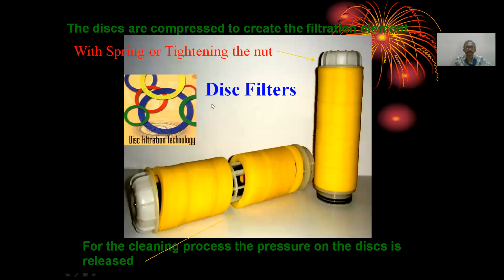Next is the disc filter. If you look at the disc filter, there are a number of grooved rough discs, hundreds of discs. This is the filtering medium, and they are placed something like this and tightened.